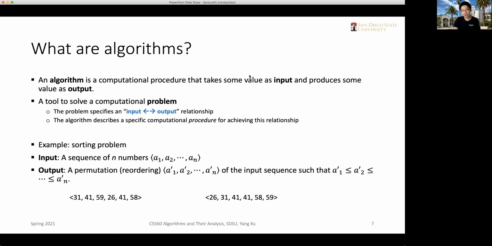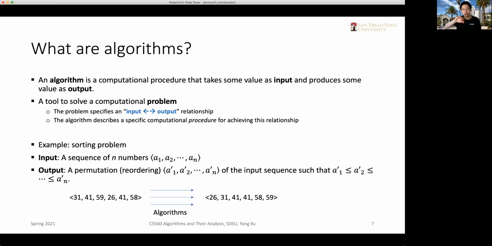Say given integer numbers like 31, 41, 59, if the algorithm works correctly, you should always generate the same sorted sequence, from the smallest element to the largest element.